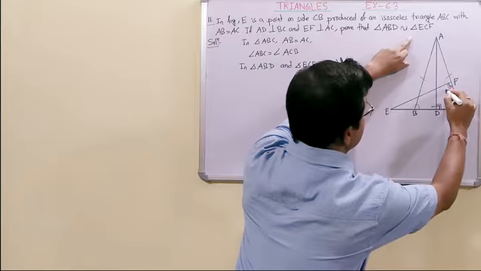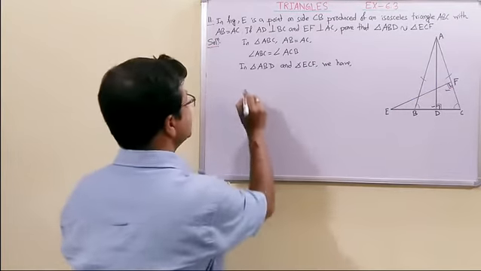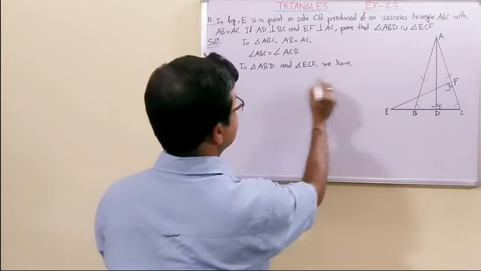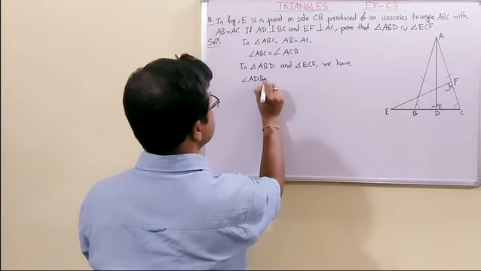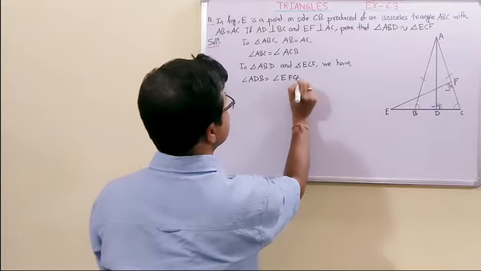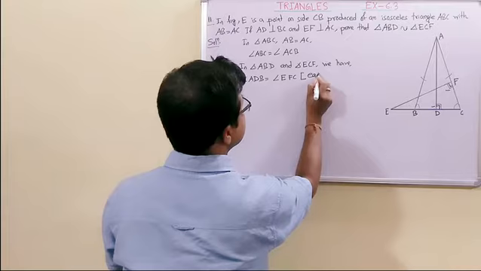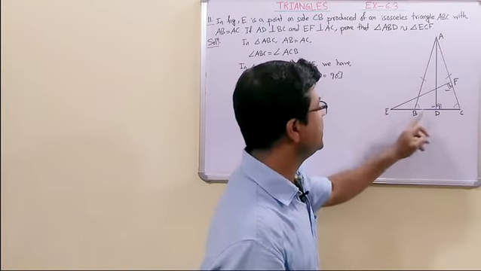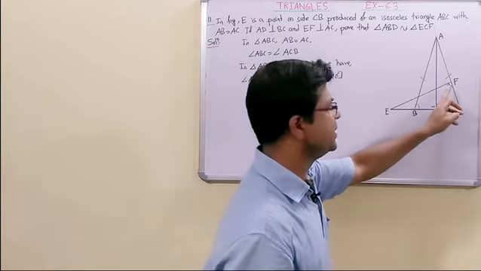Why? Each angle is 90 degrees. So let us note down one pair we have already got. We have angle ADB is equal to angle EFC. The reason is each is equal to 90 degrees. In triangle ABD, this angle is 90 degrees, and in triangle ECF, this angle is 90 degrees.